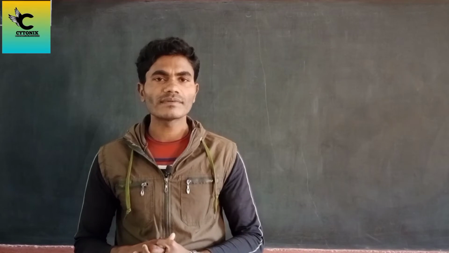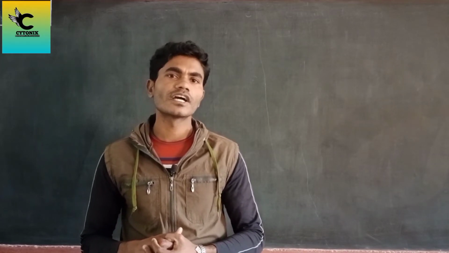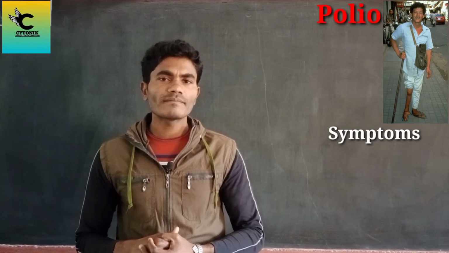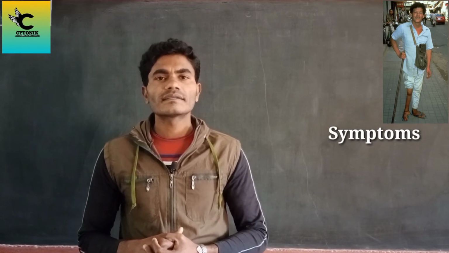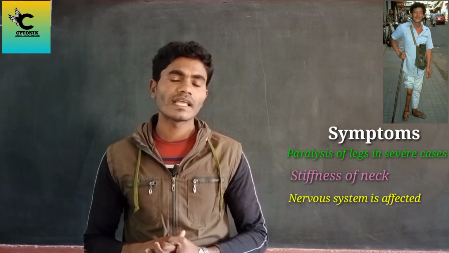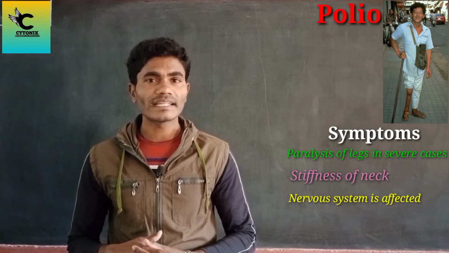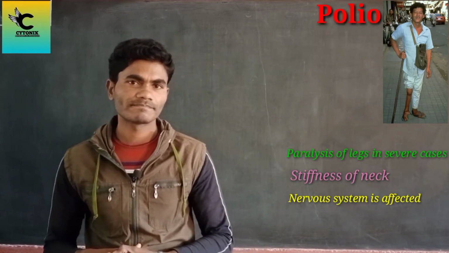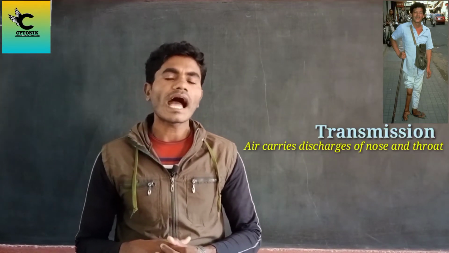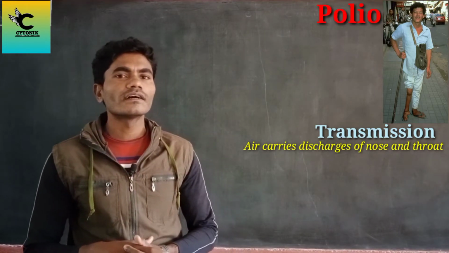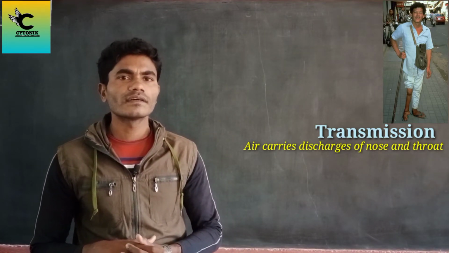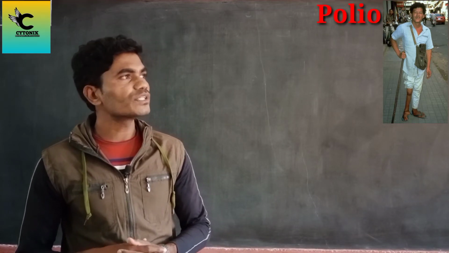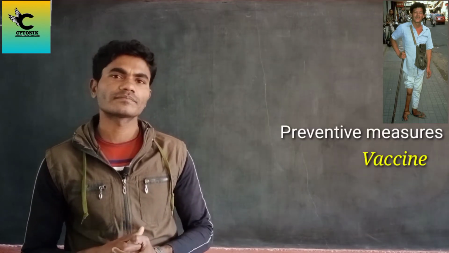Next, the fourth virus disease is polio. See the symptoms of polio: paralysis in some cases, stiffness of the neck, and the nervous system is affected. How will we prevent polio? We have to use vaccines.